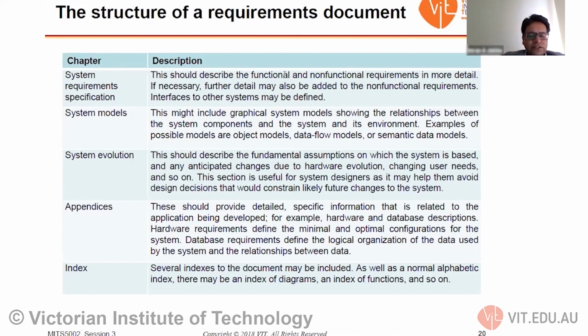All those sorts of details you have to mention there so that people really understand. And at the end, an index, a normal alphabetic index. For example, if you're using any acronyms or diagrams, a list of all figures, a list of all functions, and so on, all the things that you do in normal reports.